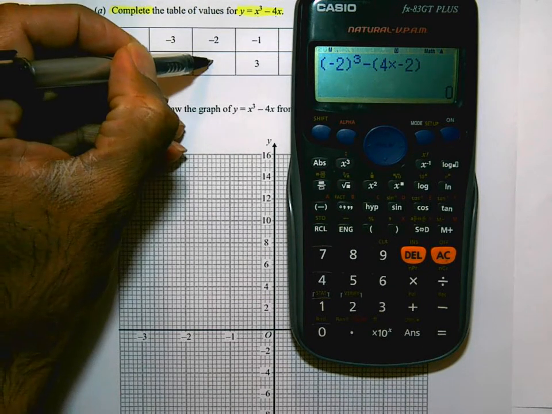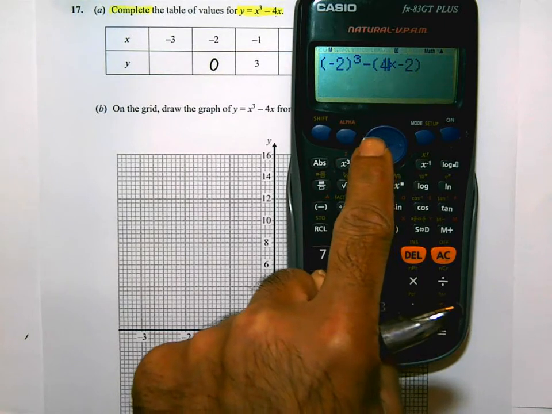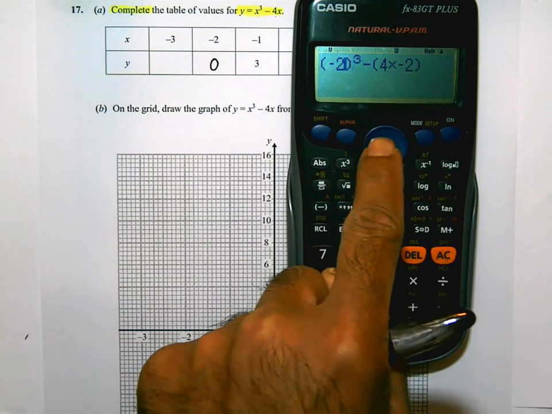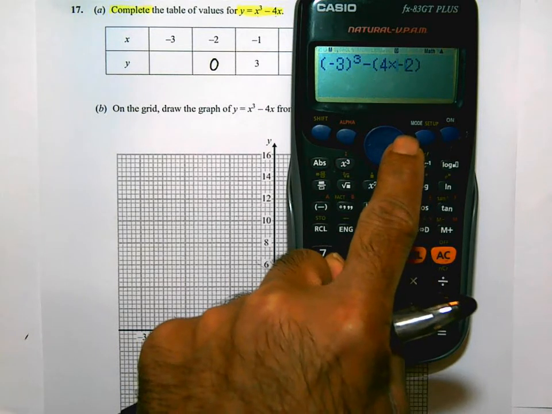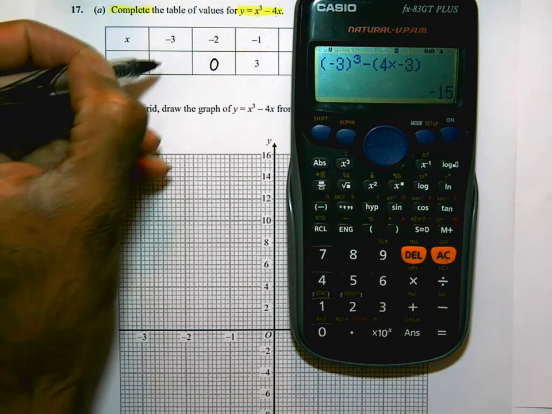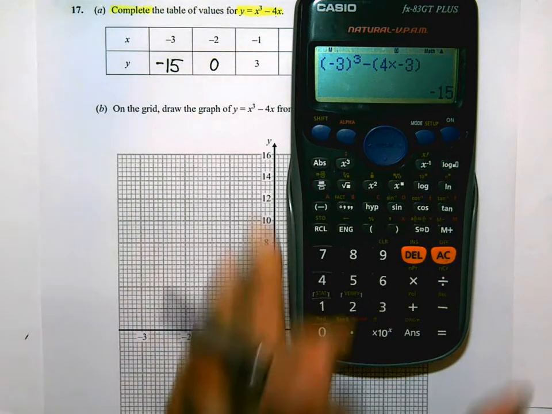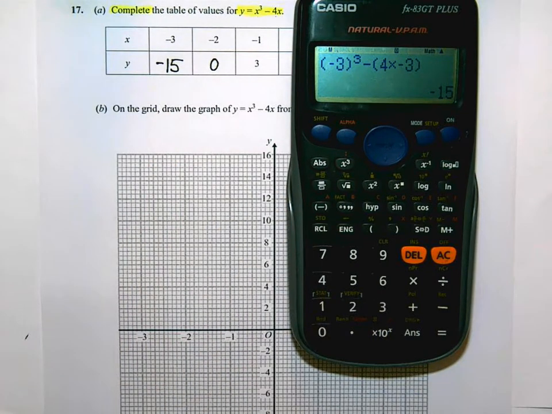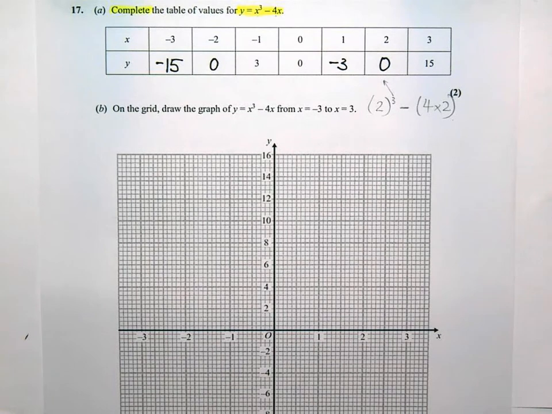Then I'm going to go back and change those minus 2's into minus 3's, and that's going to give me minus 15. So those are the values that I've got, and I've used my calculator to help me work them out. That's 2 marks for that part of the question.